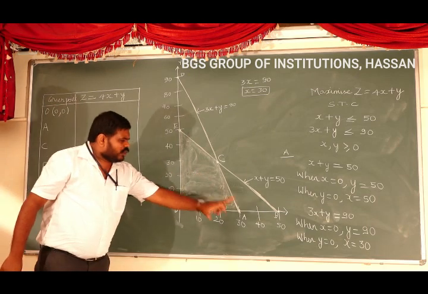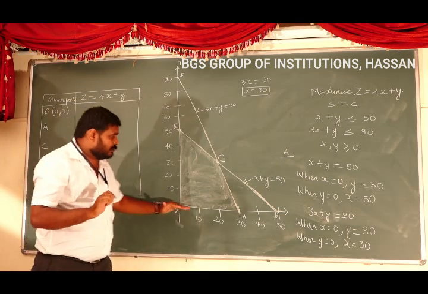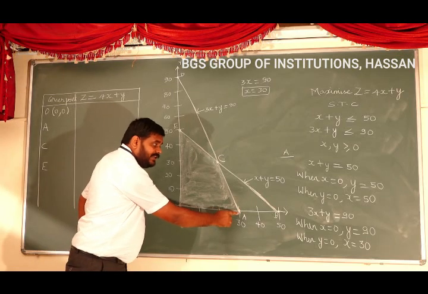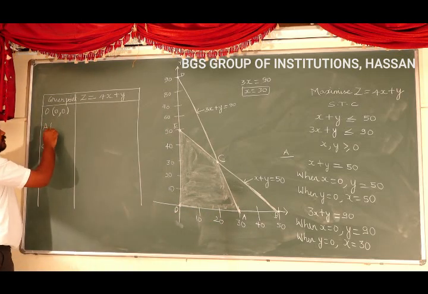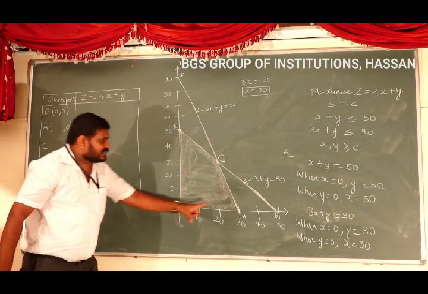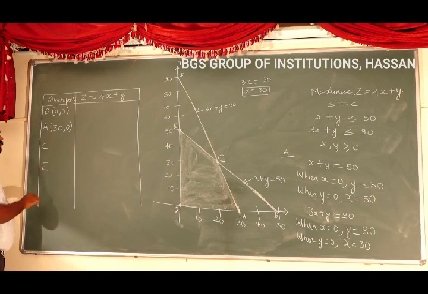Now, what are the coordinates of A? We know how to check the coordinates. First I need to travel through the x-axis and then through the y-axis. Since the point is on the x-axis, its y coordinate will obviously be 0 and the x value is 30. So it is 30, 0.